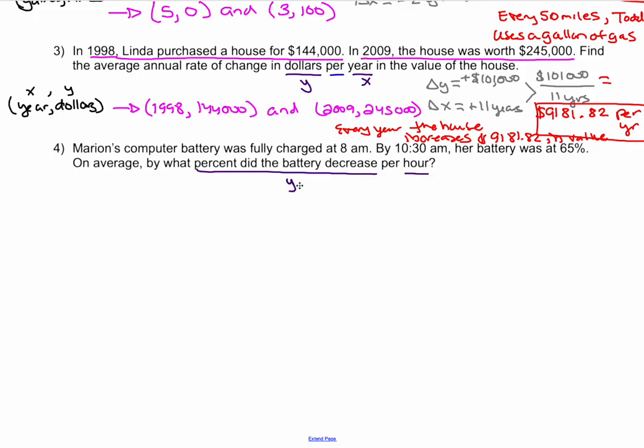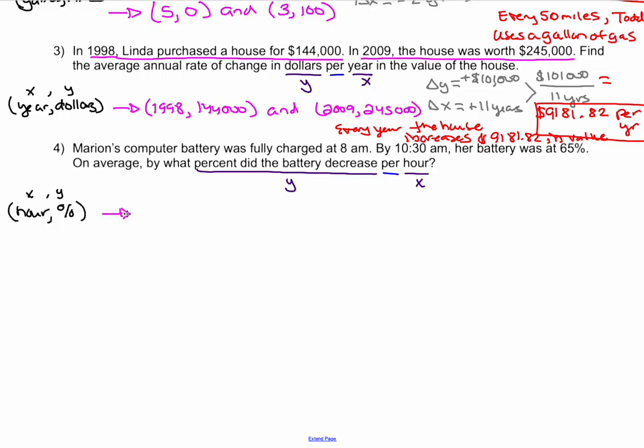So we have our Y per X. For our coordinate, X is our hour, which is going to be the time, comma, our Y is going to be the percent, so what is the percentage at? So I'm just going to put the percent symbol. So this is an X and a Y.